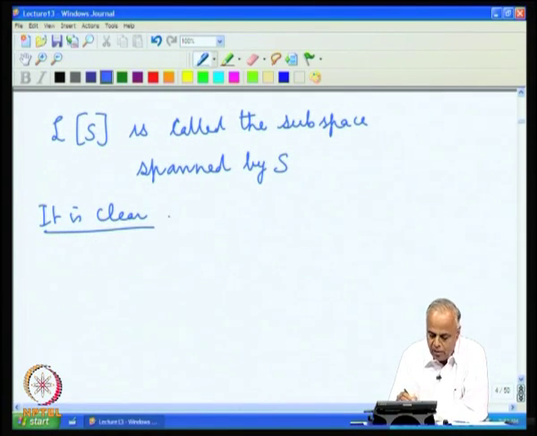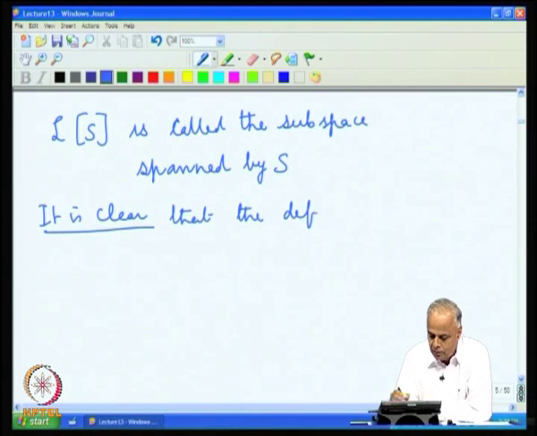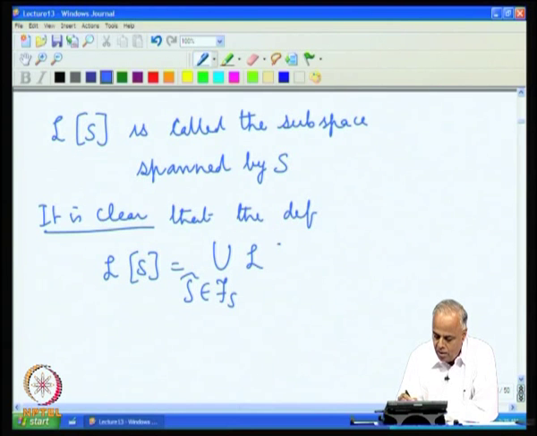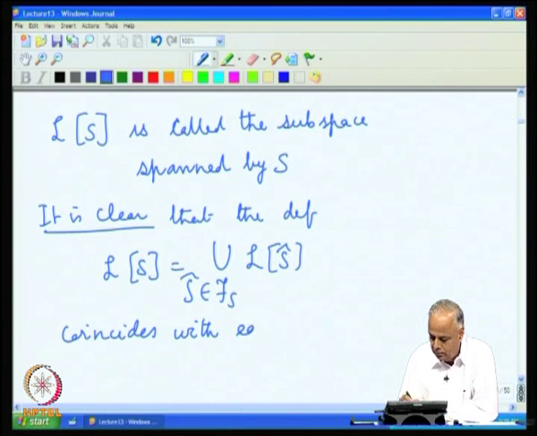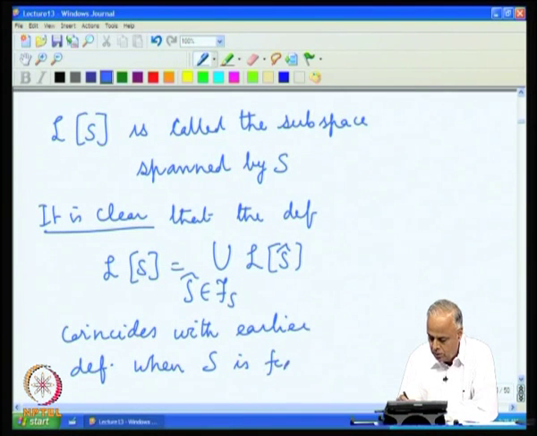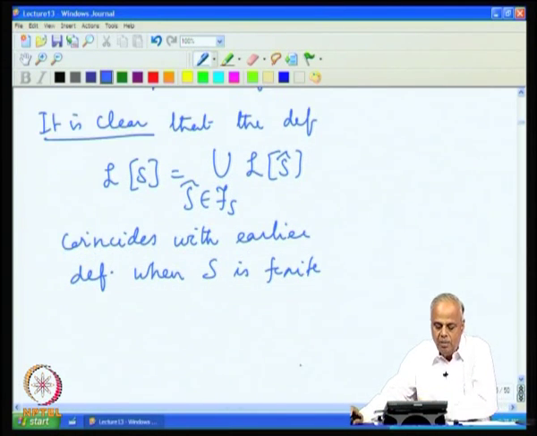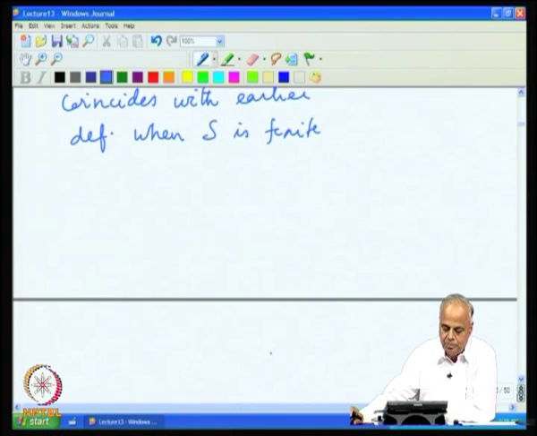So, it is clear therefore that the definition L(S) equal to the union over S-hat belonging to F(S) of L(S-hat) coincides with the earlier definition when S is finite. So, now we can handle even the so called subspace spanned by an infinite set.